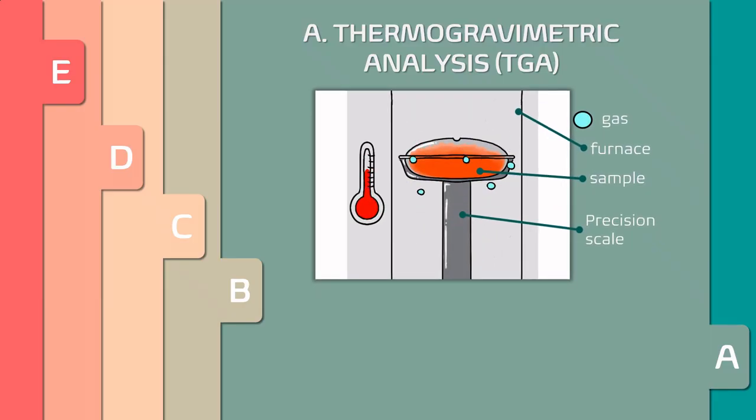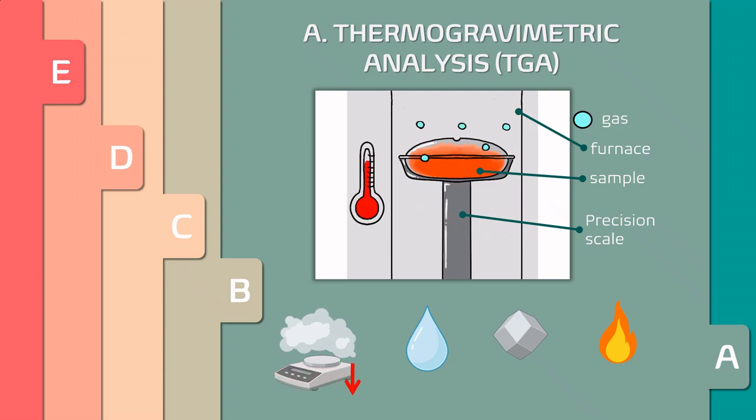During this analysis, the sample can undergo solvent evaporation, such as water, melting or fusion if crystals were present, crystallization, decomposition, and so on. Some of these changes are associated with changes in sample mass, for example, water evaporation or decomposition.